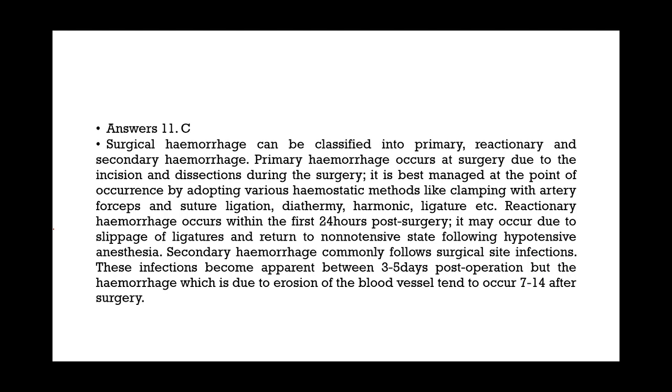Surgical hemorrhage can be classified into primary, reactionary, and secondary hemorrhage. Primary hemorrhage occurs at surgery due to the incision and dissection during the surgery. It is best managed at the point of occurrence by adopting various hemostatic methods like clamping with artery forceps, suture ligation, diathermy, harmonics, ligature, etc. Reactionary hemorrhage occurs within the first 24 hours post-surgery.